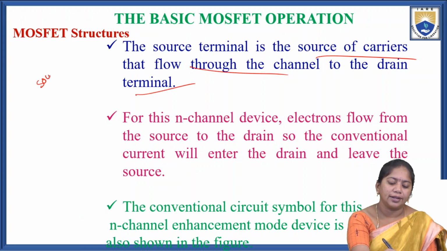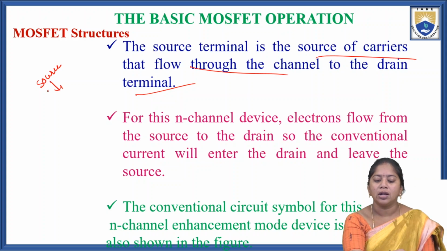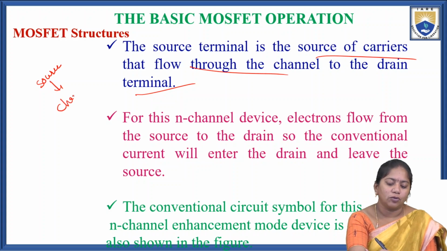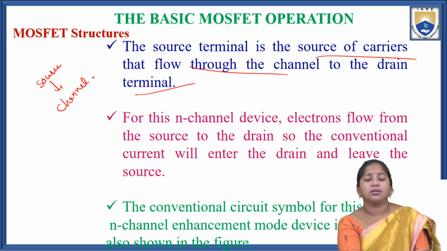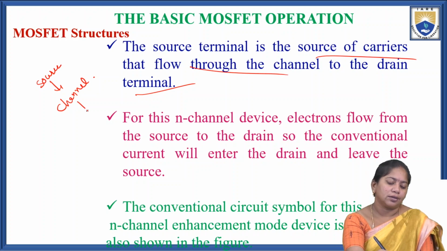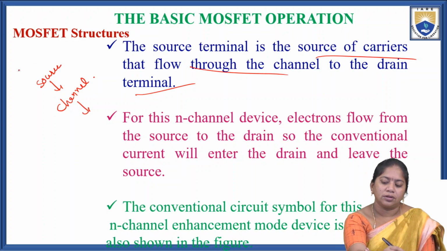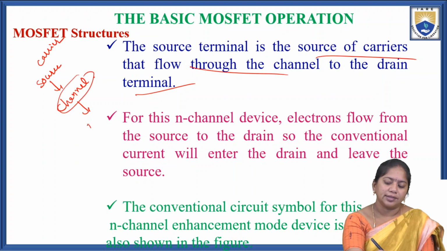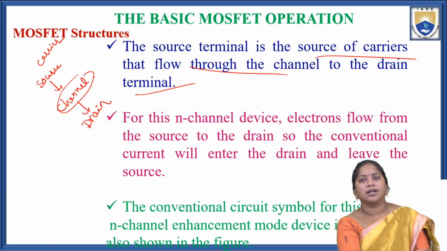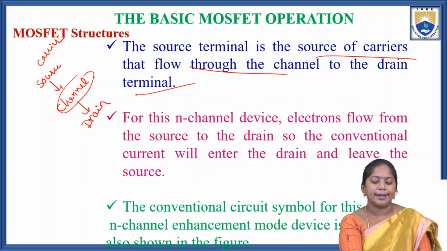So the charge carriers are coming from the source, flowing through the channel, and reaching the drain terminal.